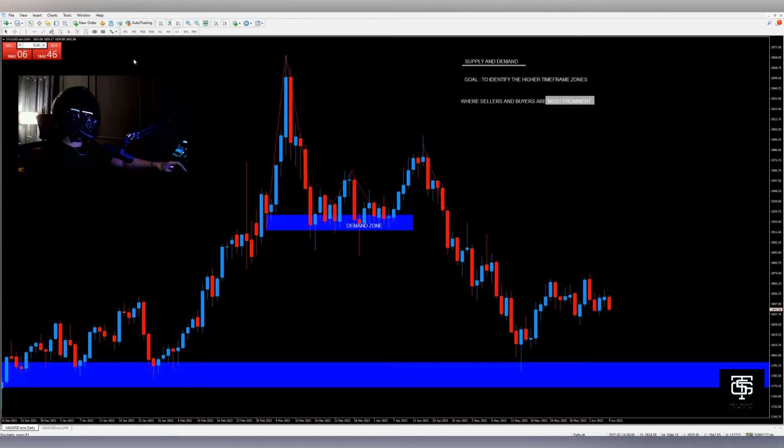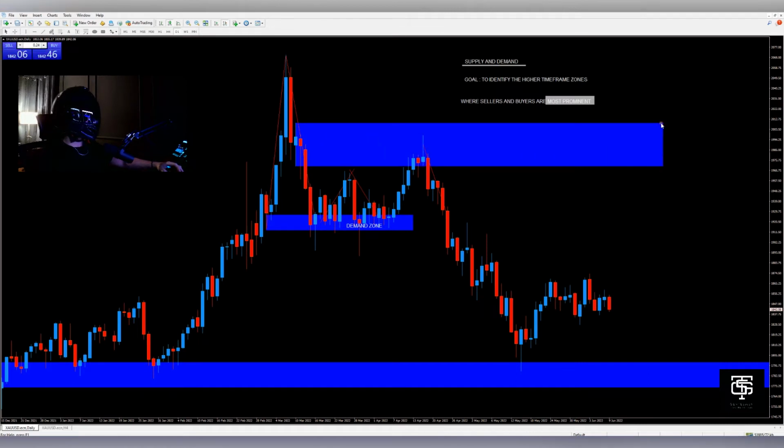Where would be your supply zone? Let's start from here. Blue and red candle. When I pull a box like this, I'm expecting price to come back and retrace into my blue box.